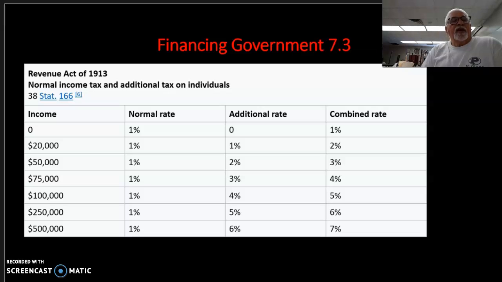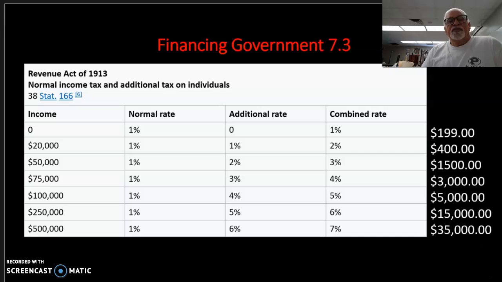And here is the Revenue Act of 1913, showing typically how much people paid in taxes. You can take a few minutes to look at that, stop the video and look at it if you want. And you see here, if you had income of $199,000, this is how much you pay. This is back in 1913.